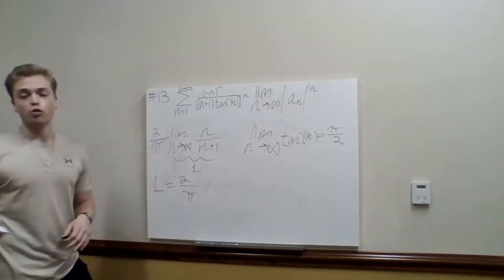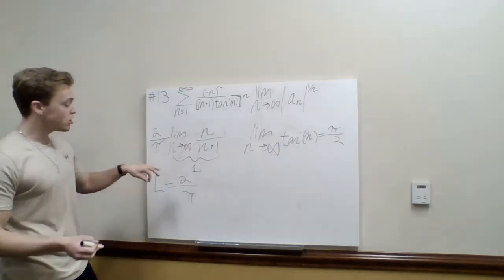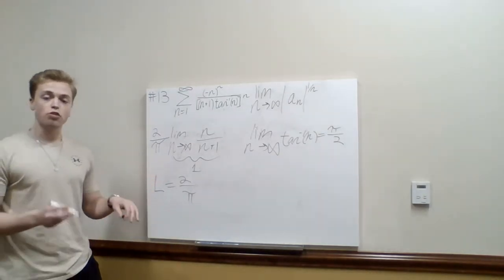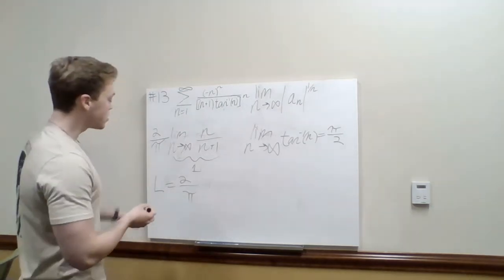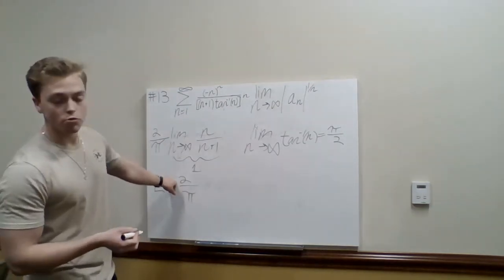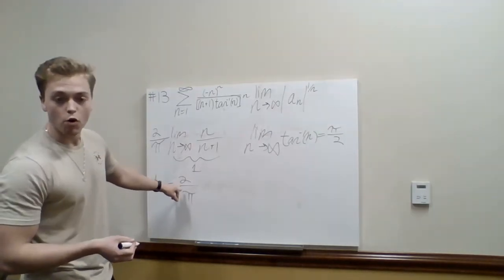We all know some men just want to watch the series diverge. But because this is 2 over pi, we have determined that it does not diverge, it converges, right? Because pi is greater than 2, which means that this is a fraction less than 1.